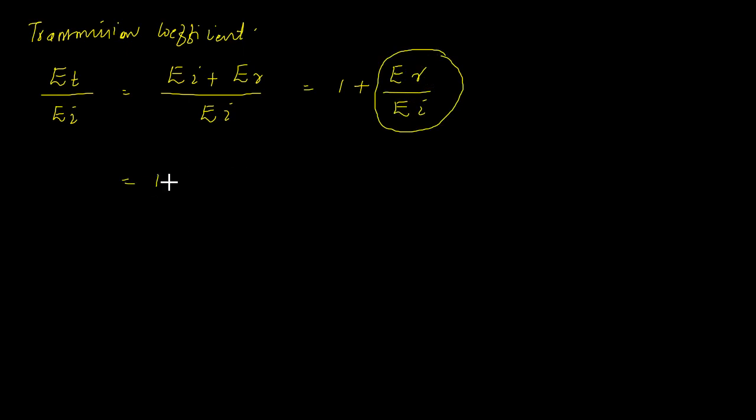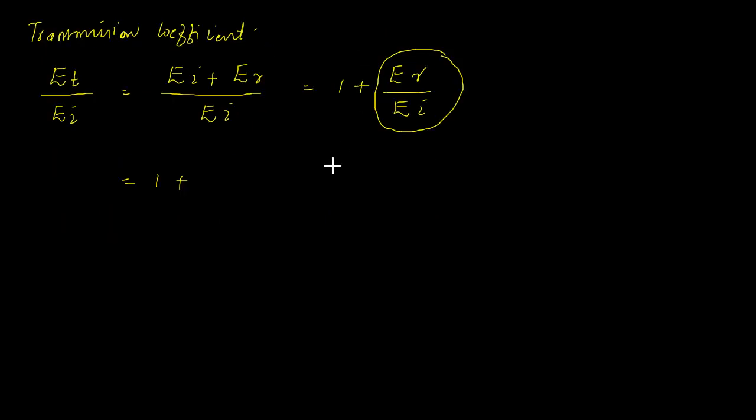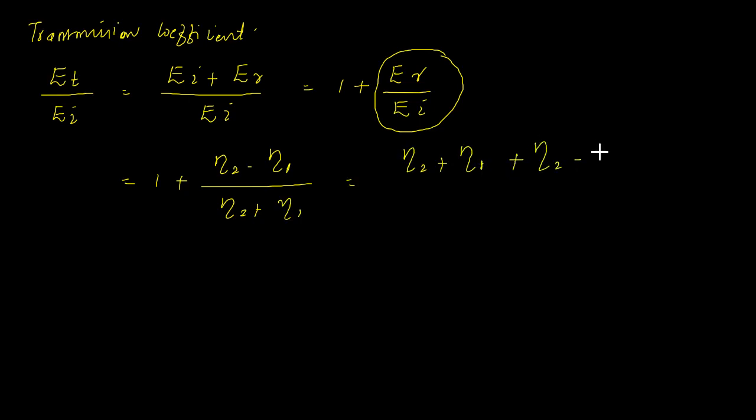If you put the expression of the reflection coefficient here, it becomes 1 plus (eta 2 minus eta 1) upon (eta 2 plus eta 1). So this becomes (eta 2 plus eta 1 plus eta 2 minus eta 1) upon (eta 2 plus eta 1). So these two get cancelled.